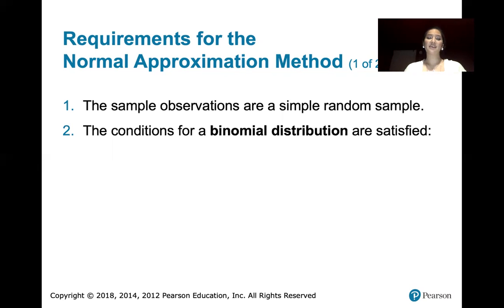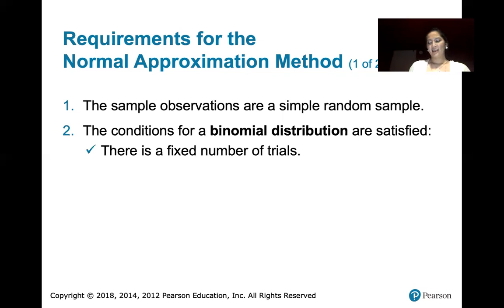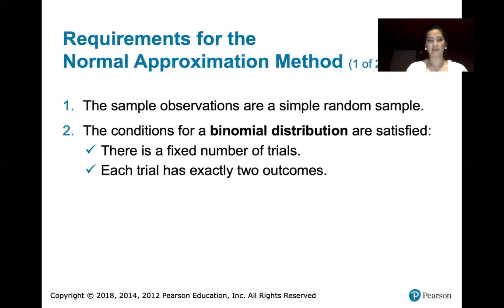The next requirement is that the conditions for a binomial distribution are satisfied. There must be a fixed number of trials. Now, if we know our sample size and we think of each value in our sample as being a particular trial, this will automatically be met because the sample size and number of trials are going to be the same thing.